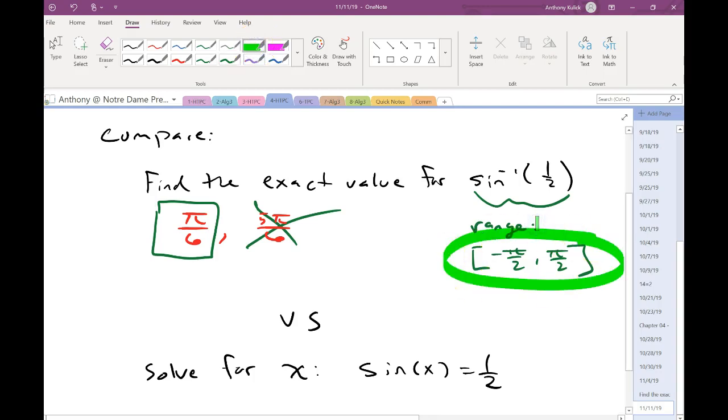Why is this the case? That the range for this is negative pi over 2 to positive pi over 2. Because of how the graph is. Can you elaborate on that? The line only goes up a certain amount.